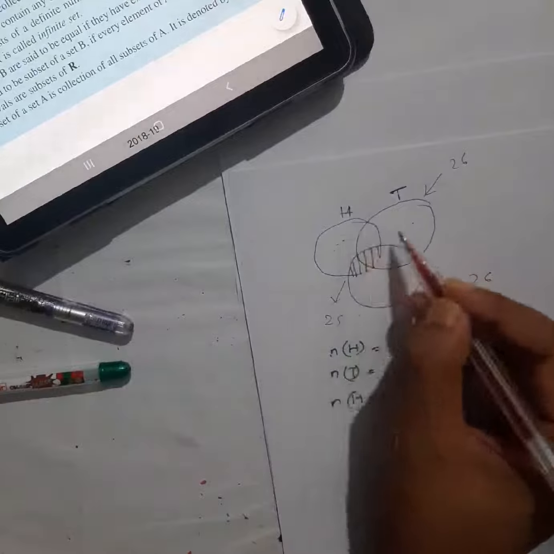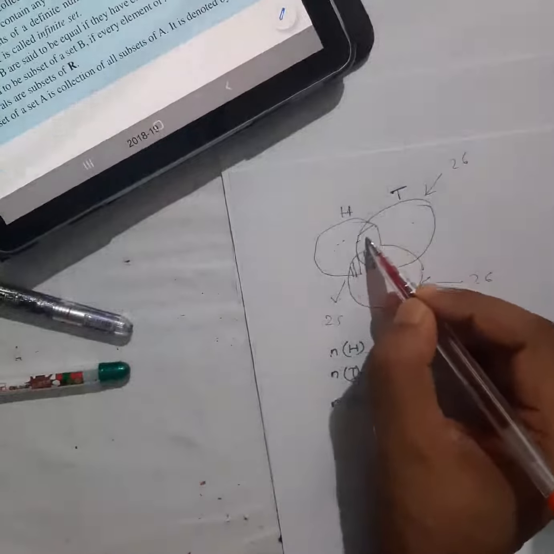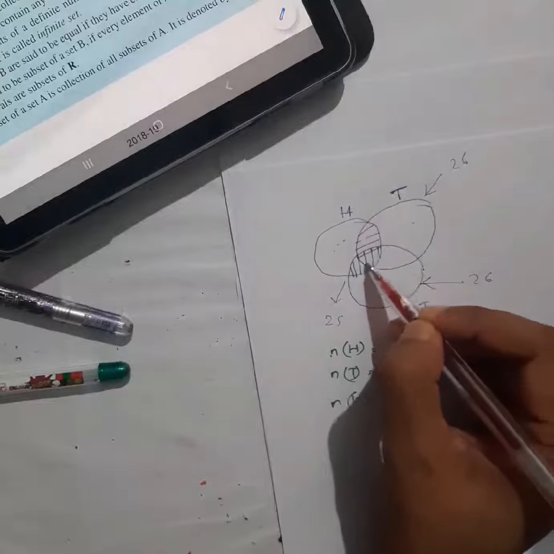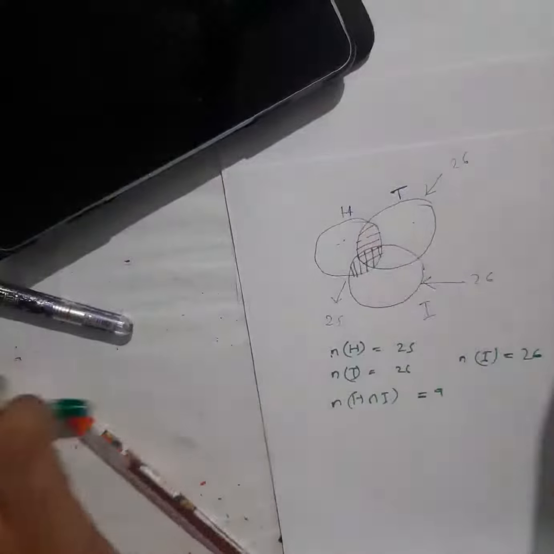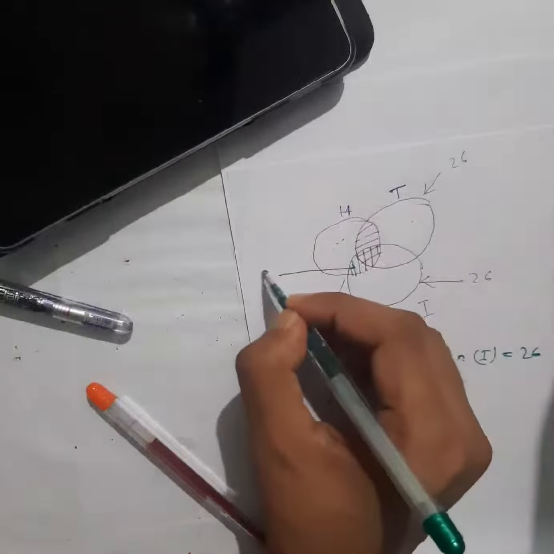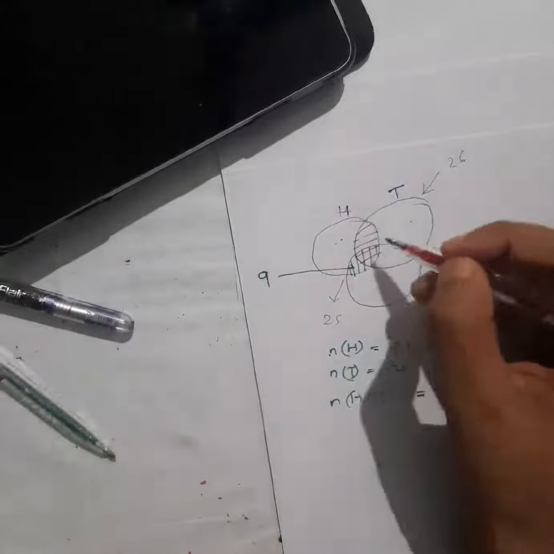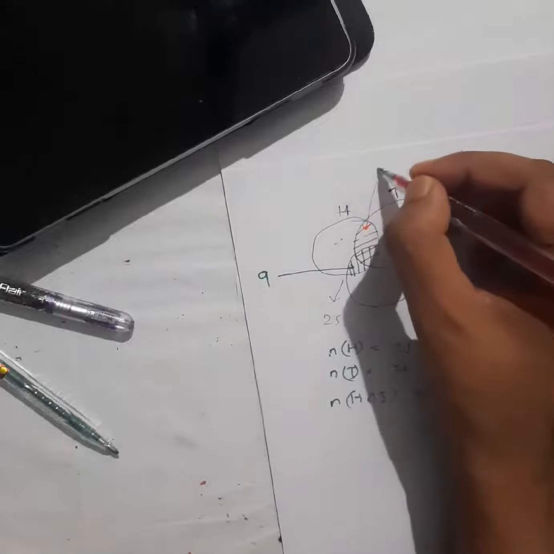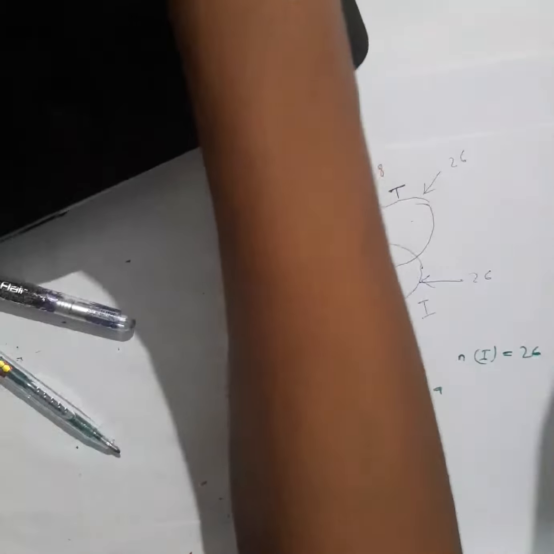Next, 11 read both H and T. H and T common region is this one. So let me write with the pen here. This portion is how many? 9. This portion is how many? 8, right?